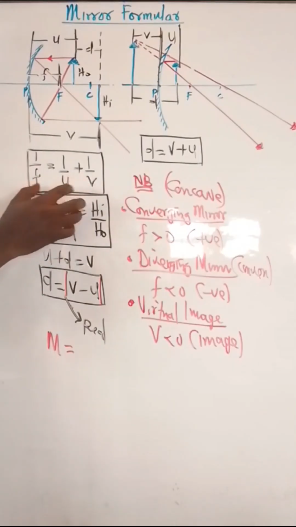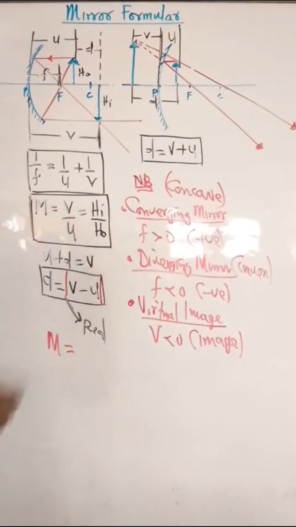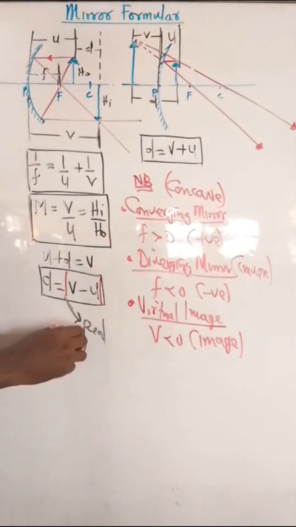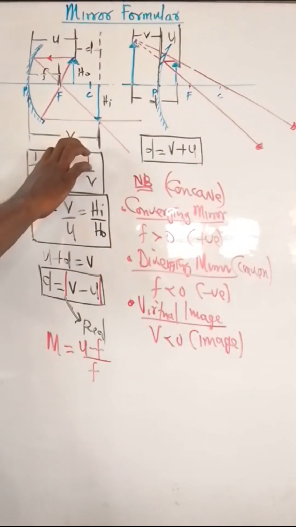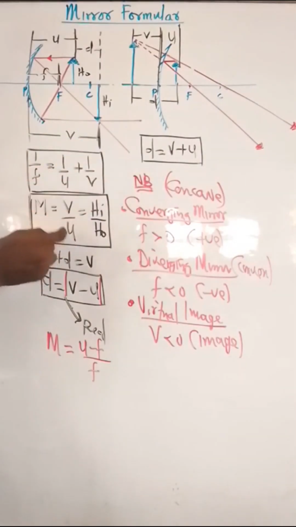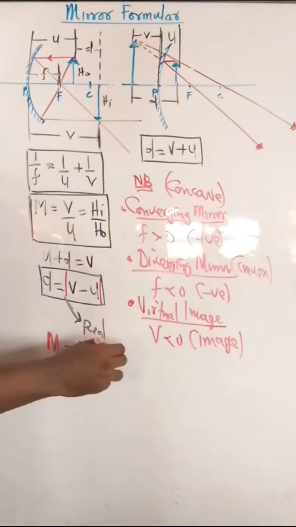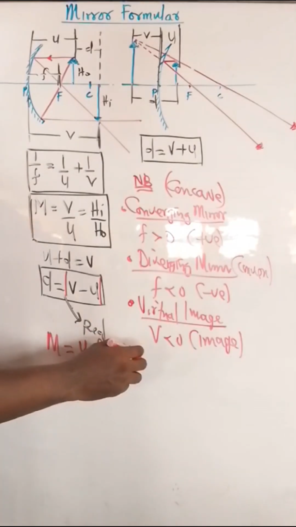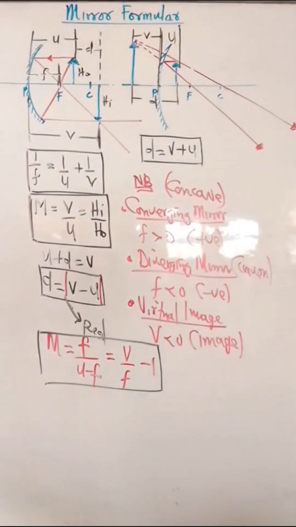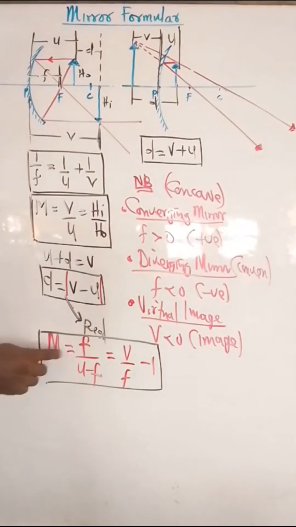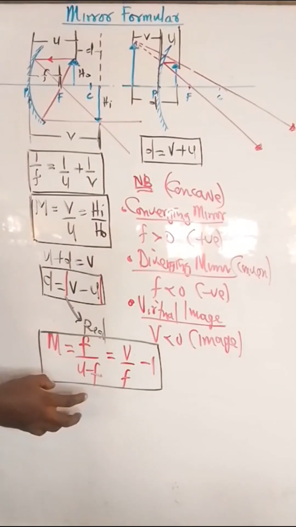If we make v the subject in terms of f and u and substitute here, we get the magnification equals (u minus f) over f. If we make u the subject in terms of v and f and substitute here, we get magnification equals (v minus f) over f, or f over (u minus f).